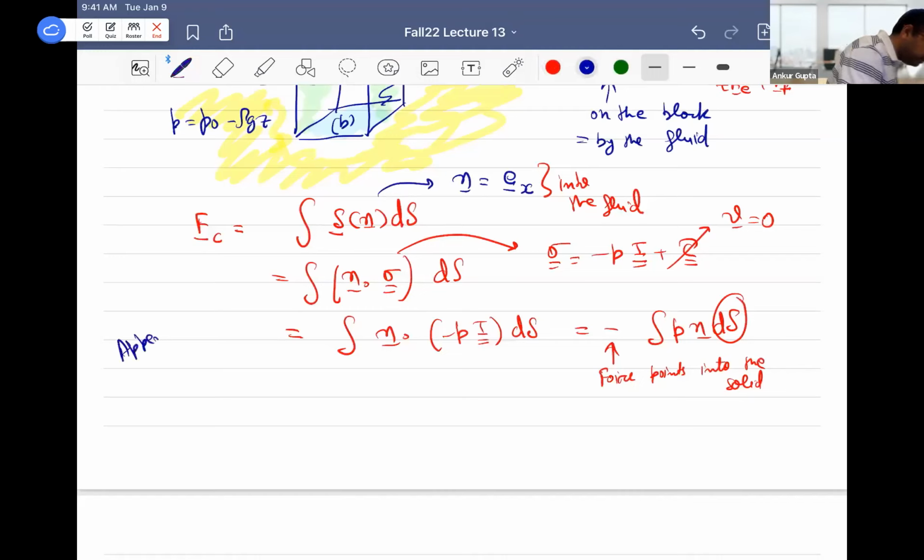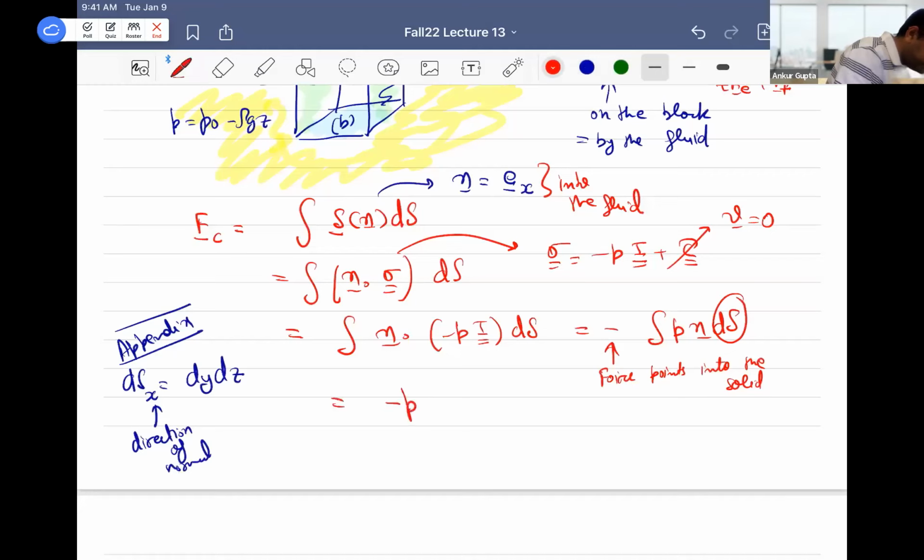I always write this in homework, but I forgot the equation number. The appendix gives you these differential areas, and there is a full section on this. So ds of x is dy dz. You don't have to remember any of this, you can just look it up in the book. And this is the direction of the normal.